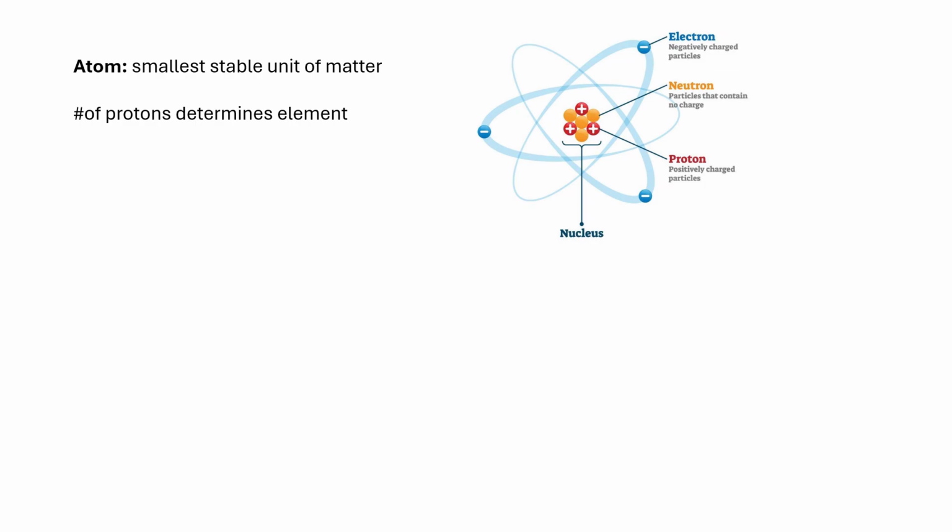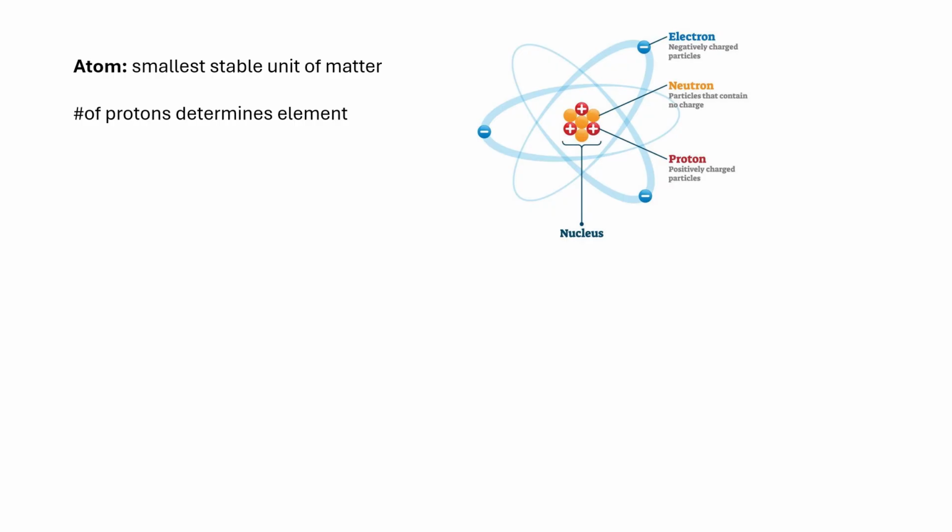Protons and neutrons are found in the nucleus, while electrons move around the nucleus very quickly. They move around in what can be described as an electron cloud made of different energy levels. The number of protons is what tells us what kind of an element the atom is.